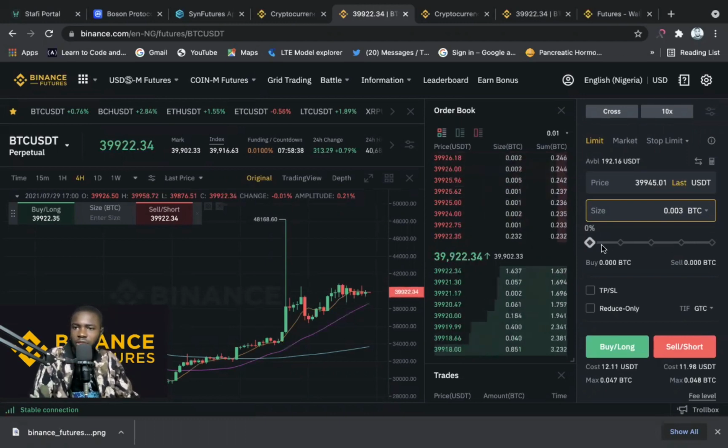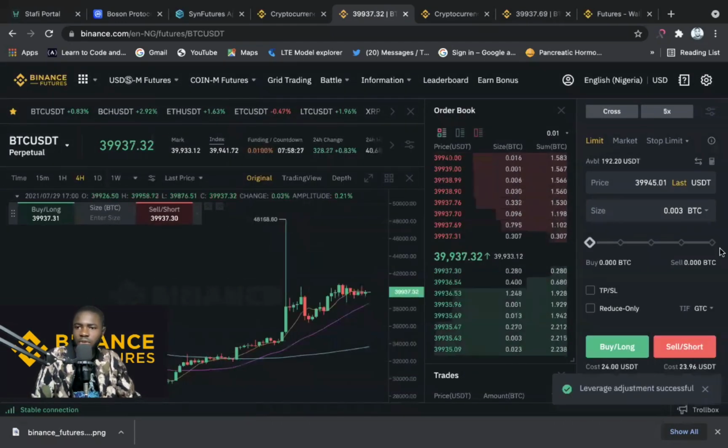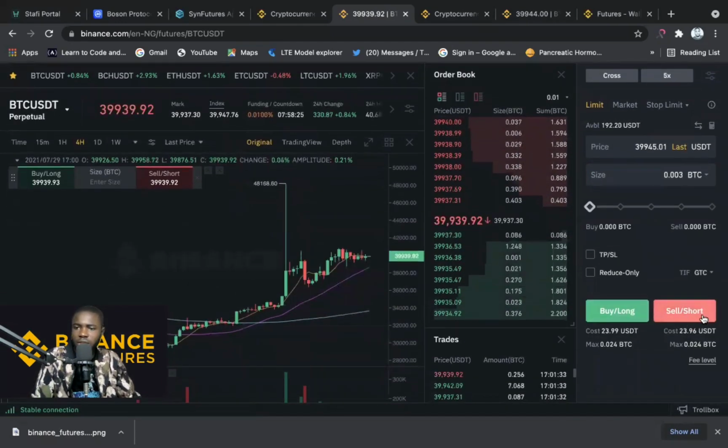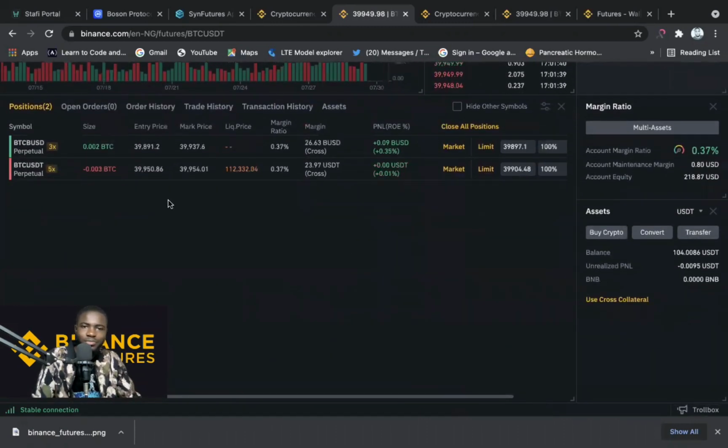For the leverage, we are not going to use 10x. Let's use 5x leverage, and let's see, should we buy long or sell short? Okay, let's sell short. We are just doing tests basically.